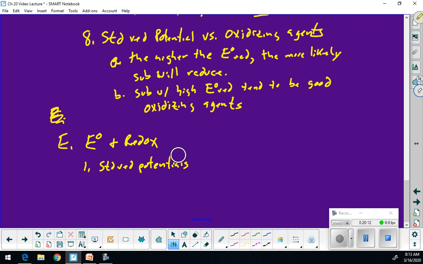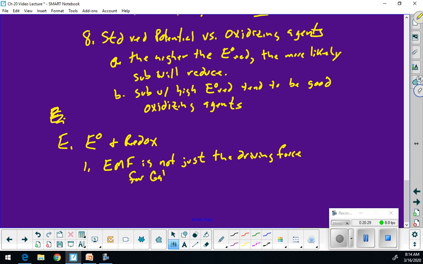So I can use my standard reduction potentials. Well, let me rephrase that. My EMF is not just the driving force for galvanic cells, but really it's valid for all redox, right?